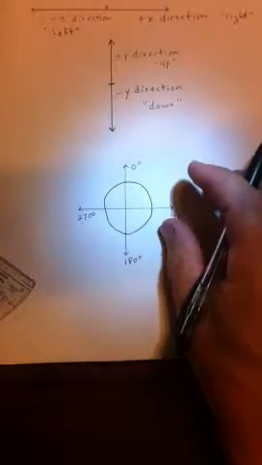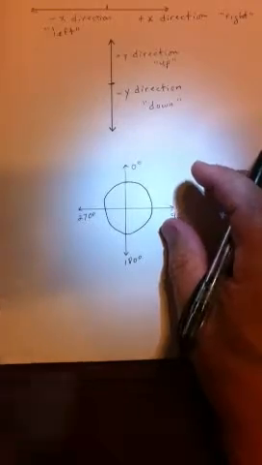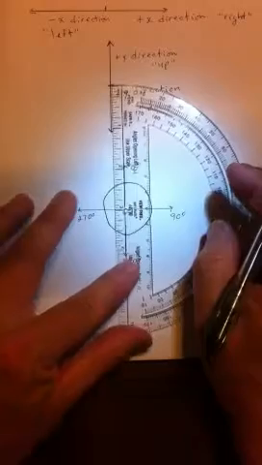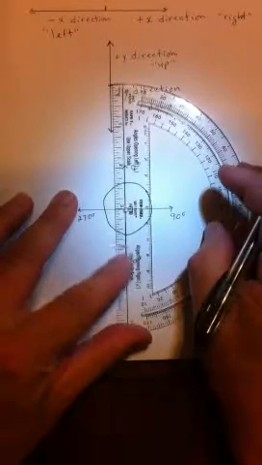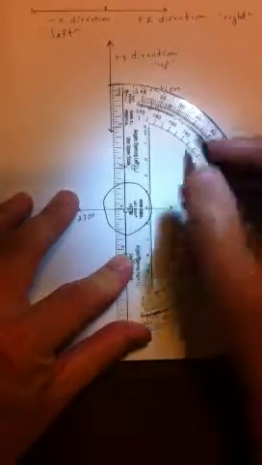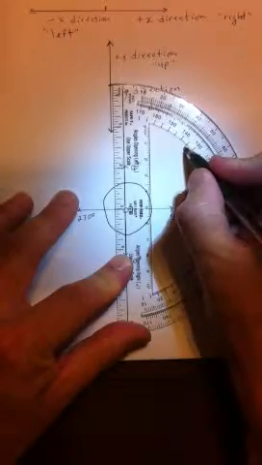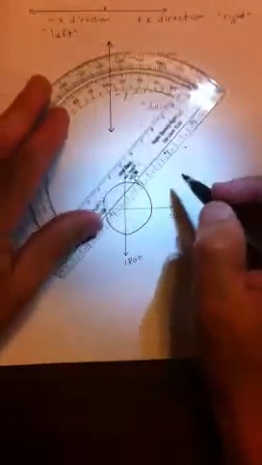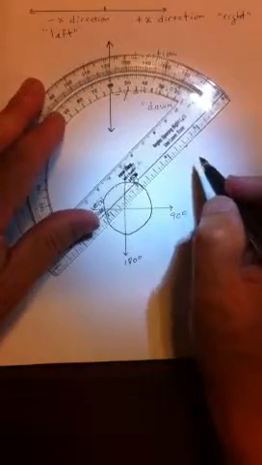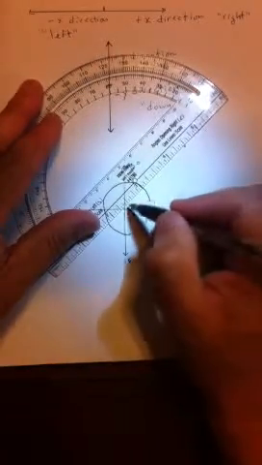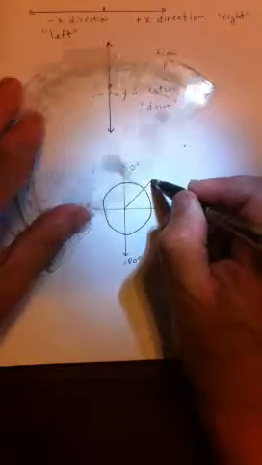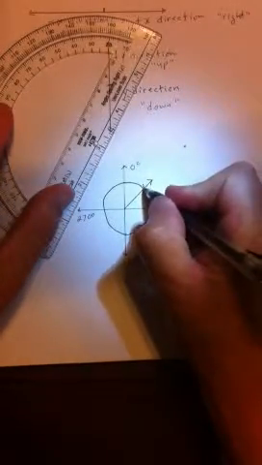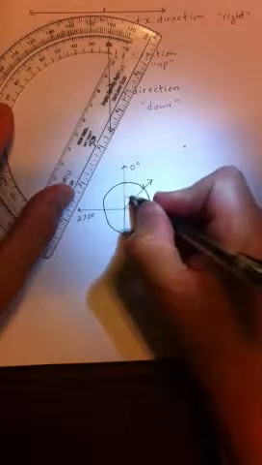Here I'll draw in a vector whose bearing is 45 degrees. So we measure it so that it is exactly 45 degrees away from the positive y-axis, also called north, depending on the problem you may be working. So the vector indicated here has a bearing of 45 degrees.